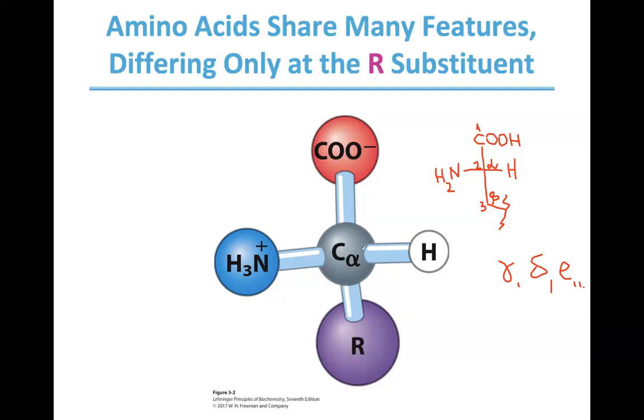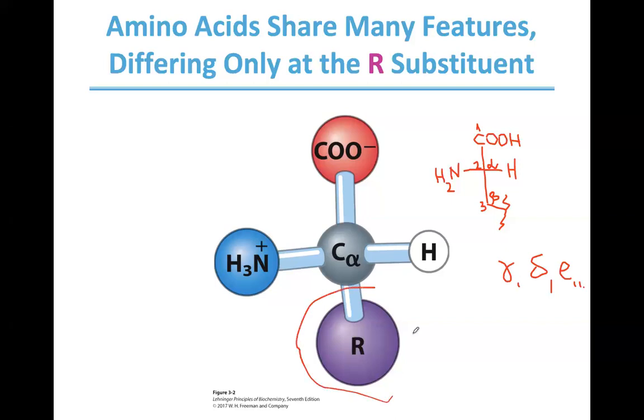It has a carboxyl group, an amino group, a side chain, and a hydrogen. In which amino acid is this carbon not chiral? Glycine. Perfect. And why? It has a hydrogen instead of a carbon, another hydrogen.